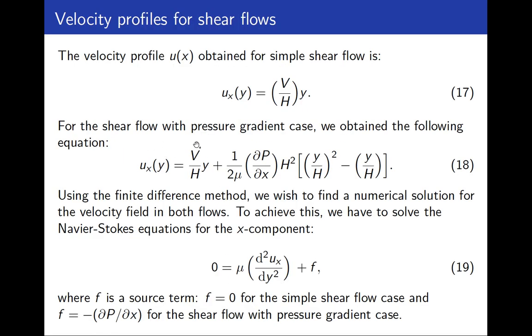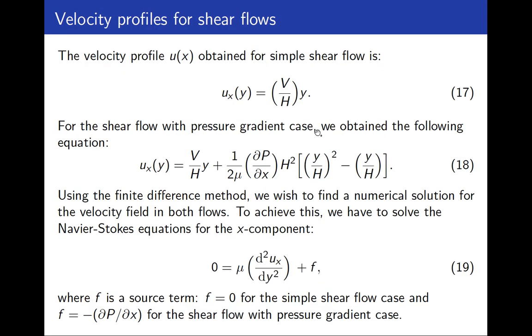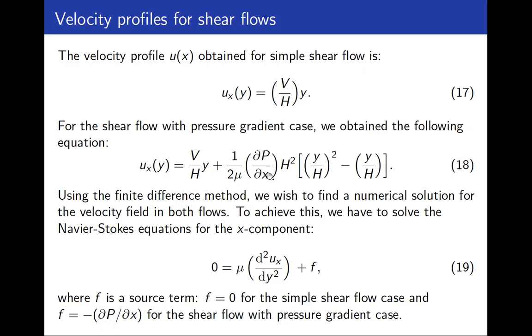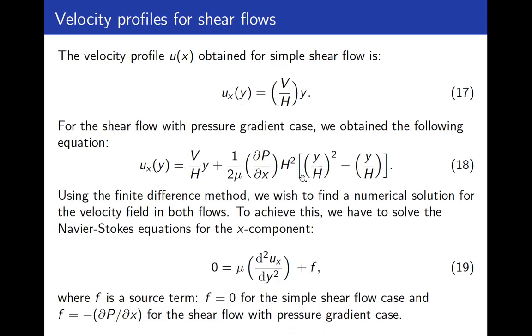For the shear flow with pressure gradient, the one here, we obtain a slightly more complex equation, which has two contributions: the one due to the movement of the top plate, and the one due to the additional force included in this flow, which is due to the action of a mechanical device pushing the fluid in the x direction.